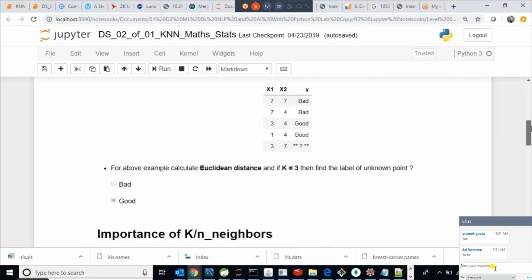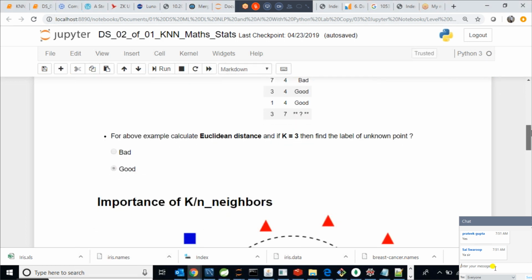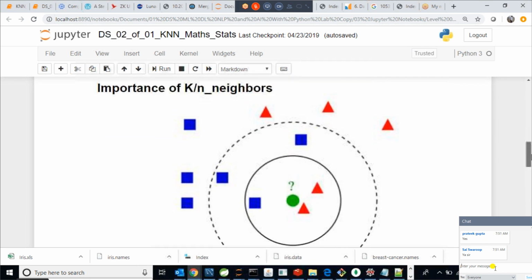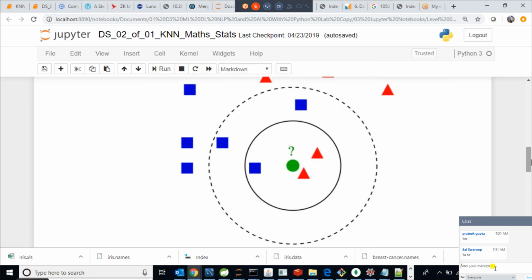So in the next session, I will show the importance of k and n neighbors. Let's suppose I ask you one question: which one is nearest to this circle, this triangle or this square?